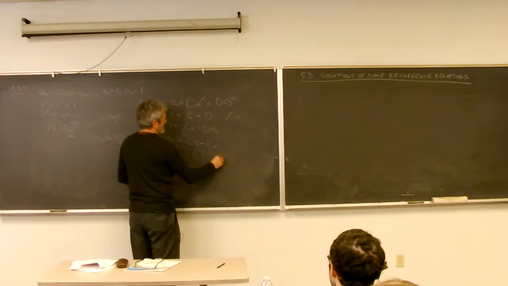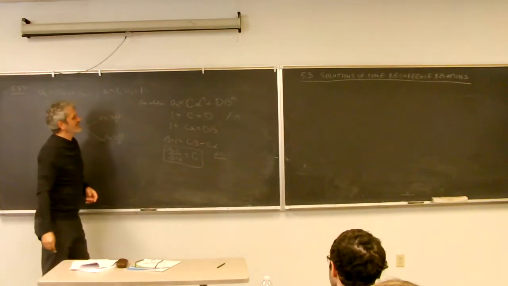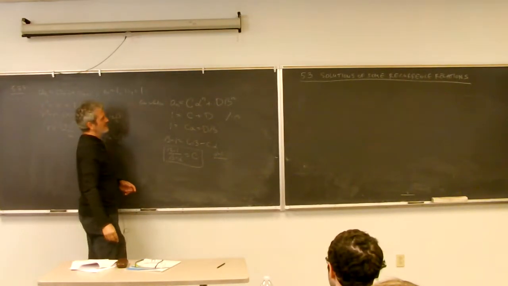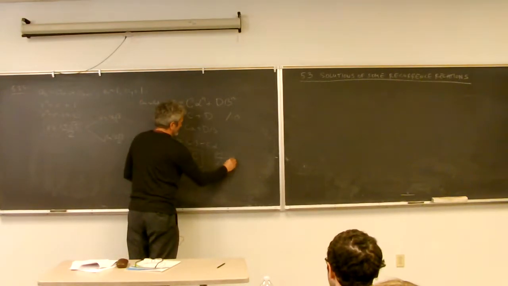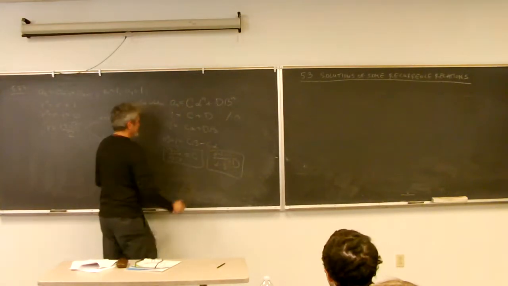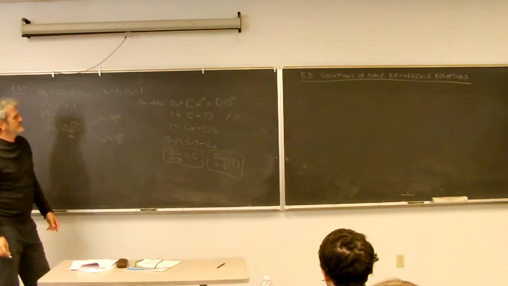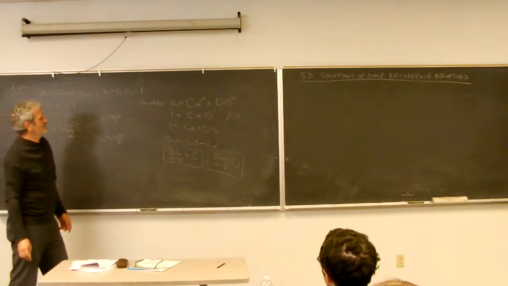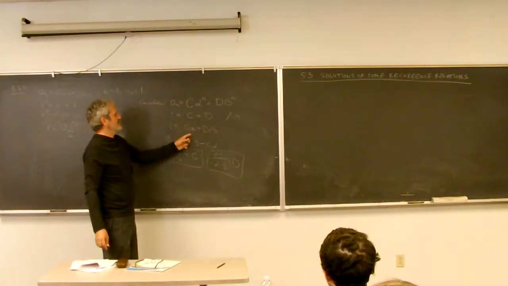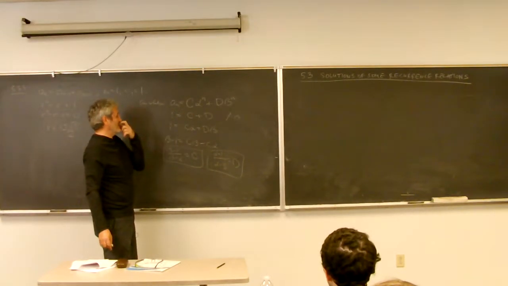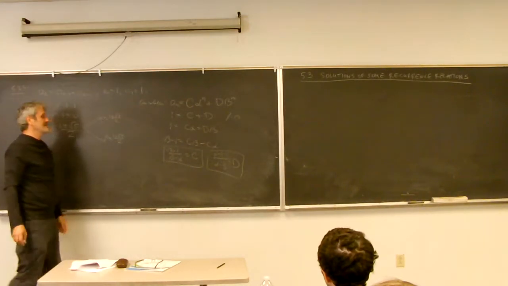Alpha minus 1, but what? Not beta minus alpha, but alpha minus beta equals 2d. Am I correct about that? So I multiply by alpha, so these cancel. Alpha minus beta, alpha minus 1, that's it.